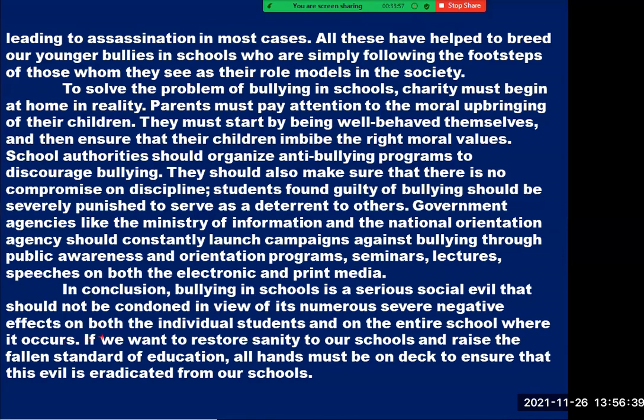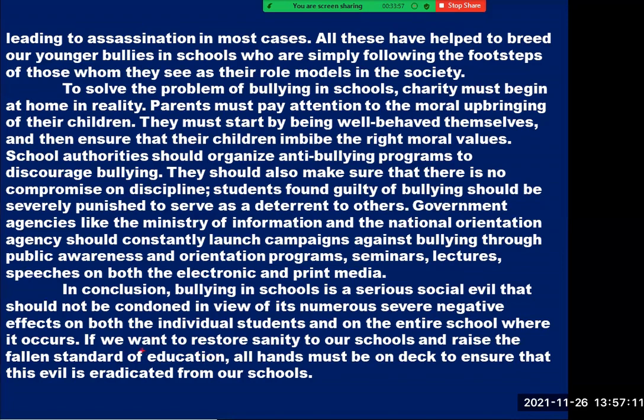All right? Then you now come up with your final statement. If we want to restore sanity to our schools, which every right-thinking person will want to happen, and raise the falling standard of education, you are referring to the fact that because of bullying in schools and other related problems, the standard of education has fallen because of the effects of these social problems.